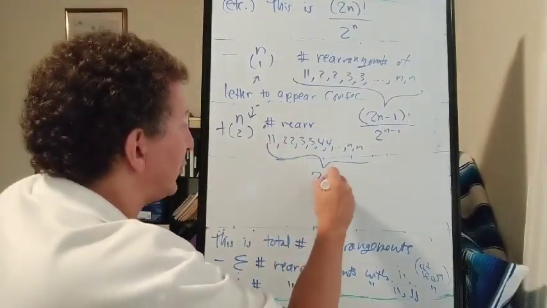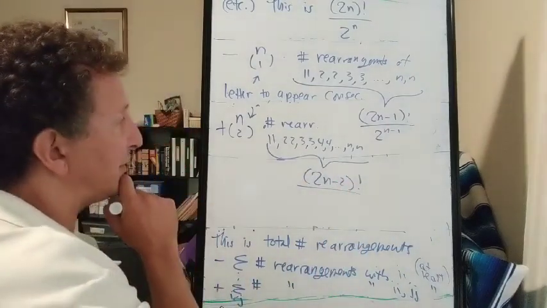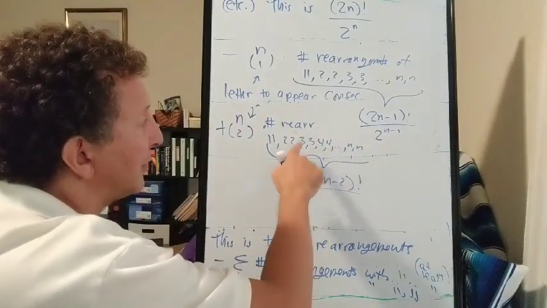So 2n minus 2 letters now. 2n minus 2 factorial, and we have to divide by the correction factor of 2 times 2 times 2 for 3 up to n.